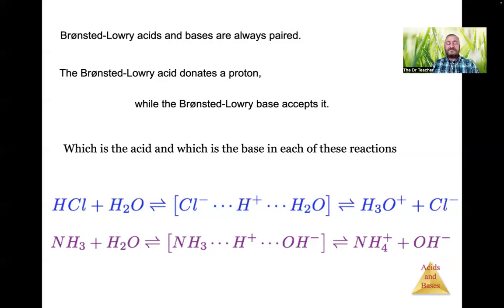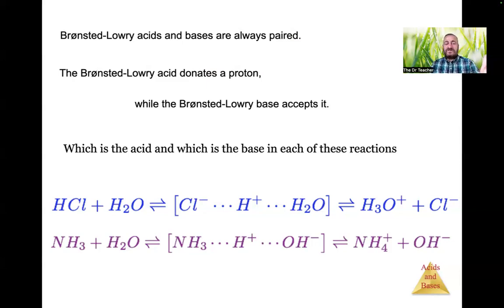Now you look here in blue, HCl plus water. That will give you a transition state, which is Cl minus, H plus, H2O. And now the complete reaction will end up as hydronium, H3O plus, and chloride, Cl minus.